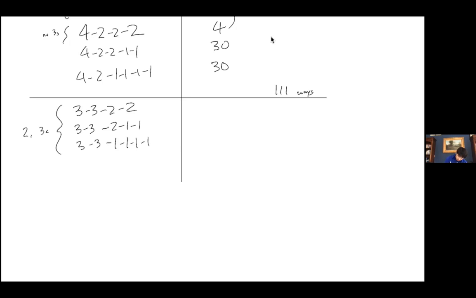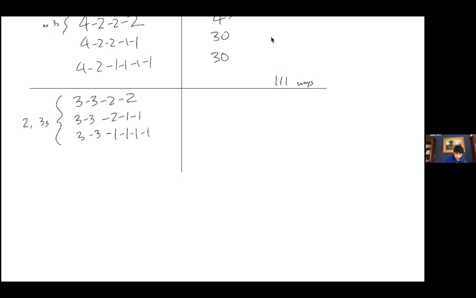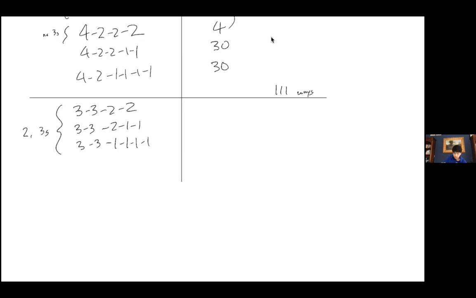When we have 2 3s, these are the 3 possible ways to get to 10. And this has 4 choose 2 equals 6 ways. This can be done in 5 times 4 choose 2, which is 30 ways. And this one can be done in 6 choose 2, which equals 15 different ways.